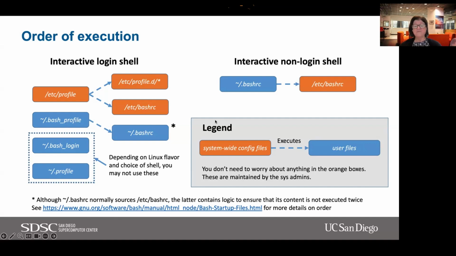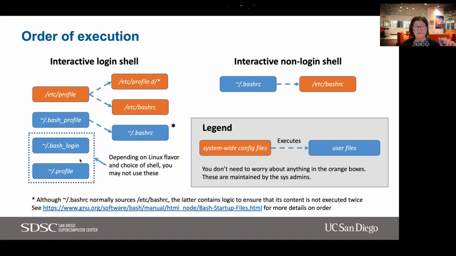And they aren't all the same, so they're customized to whether you're on Expanse or TSCC or some other system out in the Access ecosystem, for example. So for the interactive login shell, these get launched first, and then the system knows to launch .bash_profile, which will launch the .bashrc.